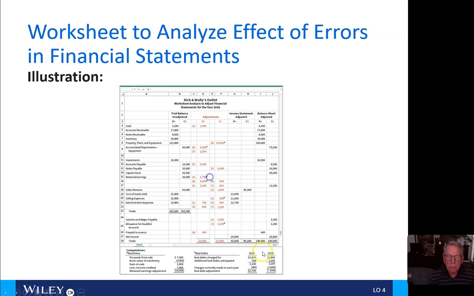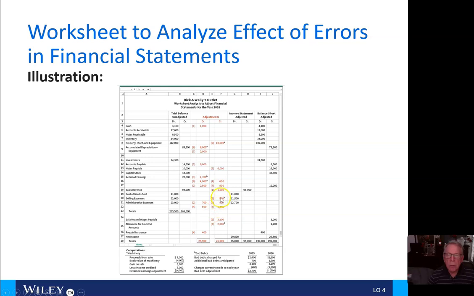We get that by taking our bad debts charged, additional bad debts anticipated for a subtotal of $3,100, less the $400 for charges currently made to each year, and that gets me to a bad debt adjustment of $2,700 for 2025. And then a minus $500 for 2026, and that's shown here and here.